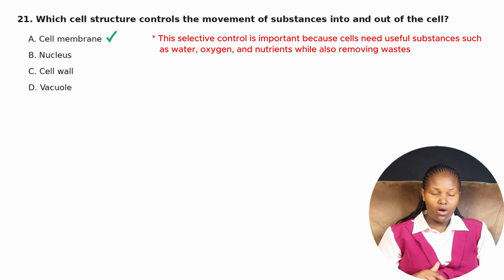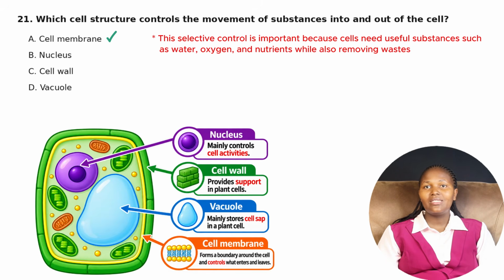So the other options, what does the nucleus do? The nucleus controls the cell activities, and then the cell wall provides support in plant cells, and the vacuole mainly stores the cell sap in a plant cell. This question connects directly to the next topic we are going to look at, the movement of materials in and out of cells, where diffusion and osmosis are studied.